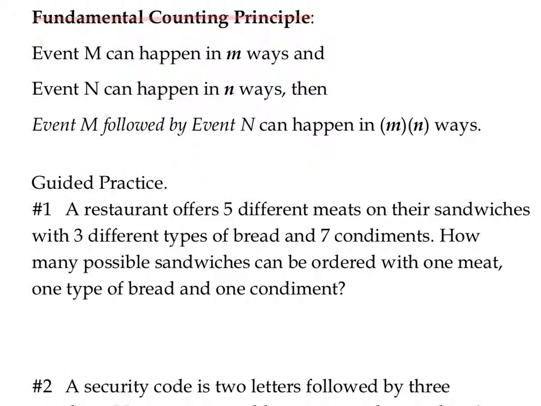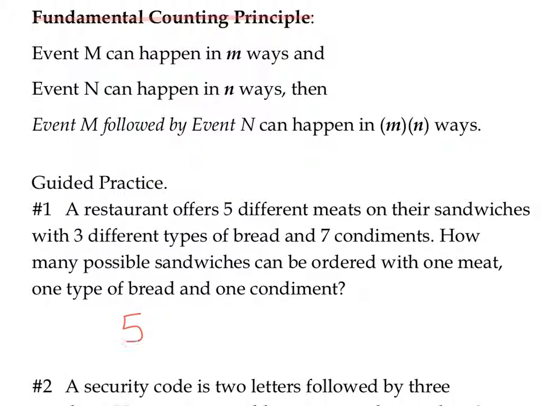So for instance, in this first example, a restaurant offers 5 different meats on their sandwiches with 3 different types of bread and 7 condiments. How many possible sandwiches can be ordered with 1 of each of those? So those are 3 different events. In the first thing I said, event m, event n, there were 2 events. Here there are 3 events: the meat, the bread, and the condiments. So we can multiply the possibilities of each of those.